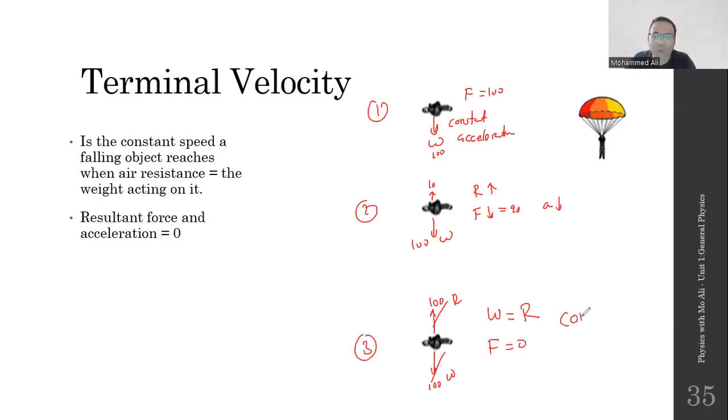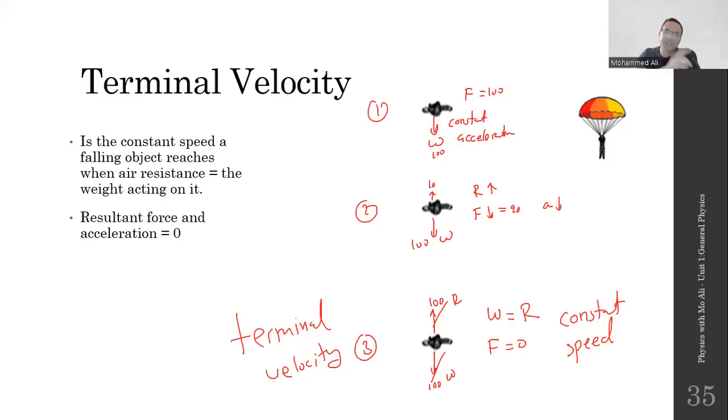And you fall with a constant speed. We call this terminal velocity. So this is the second thing that affects air resistance. The faster you're moving, the greater the air resistance acting on you.